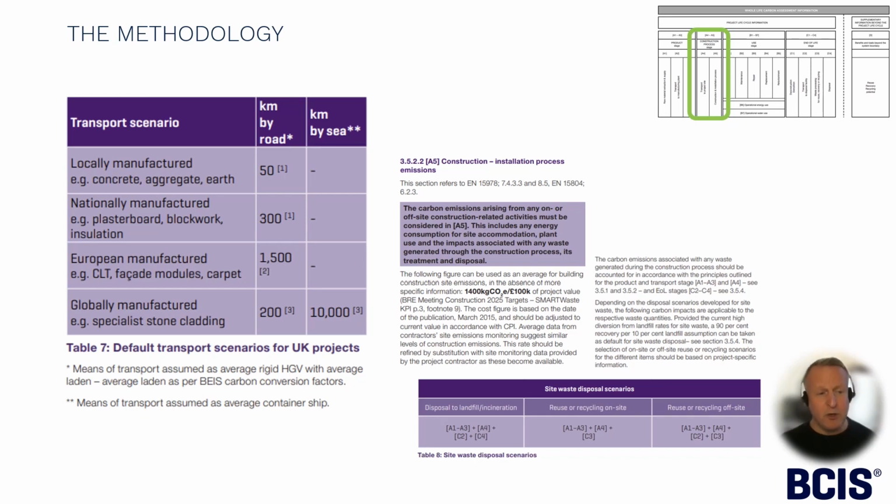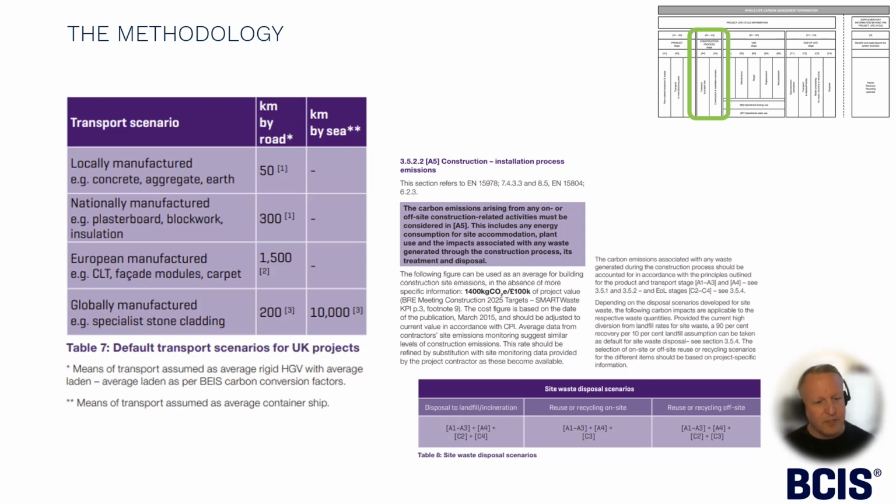I'm not a great fan of this, to be perfectly honest. This should really only be used in the absence of having actual real information in terms of your transport. There can be a huge impact. Even as these default numbers show us, if you're bringing stuff halfway around the world, as opposed to it being really close by, there's a big difference in terms of the emissions and effort associated with that transport.